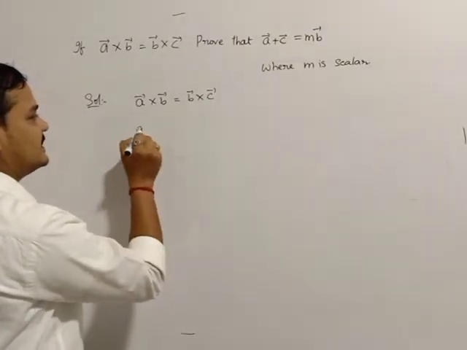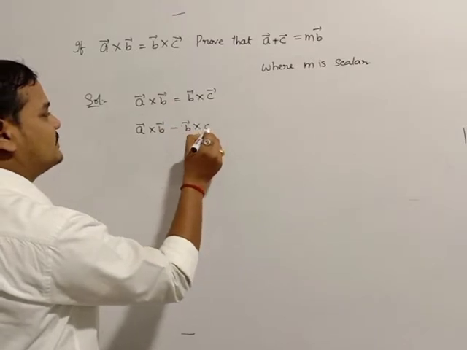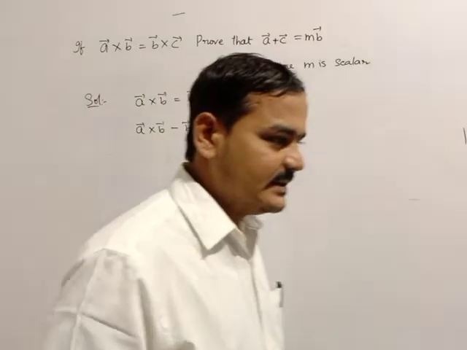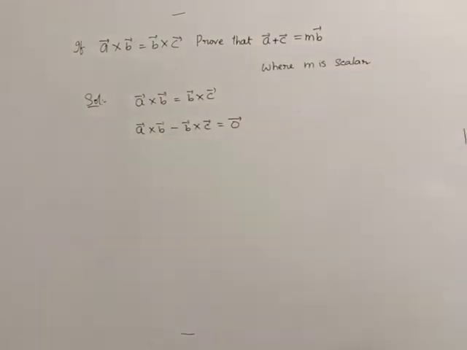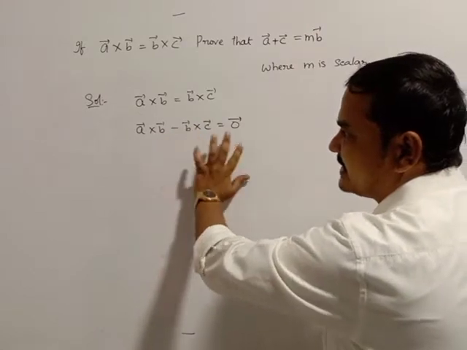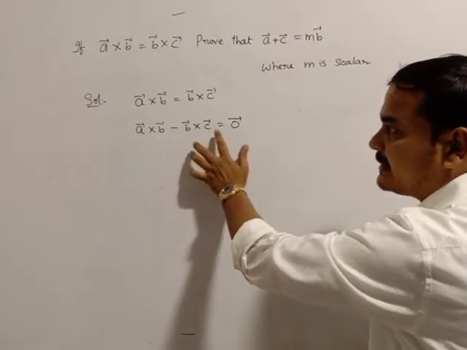That means A bar cross B bar minus B bar cross C bar is equal to 0 bar, because both are vectors. You need to know that you can apply the distribution property when both terms are in the same form. Here we have A bar cross B bar and B bar cross C bar.